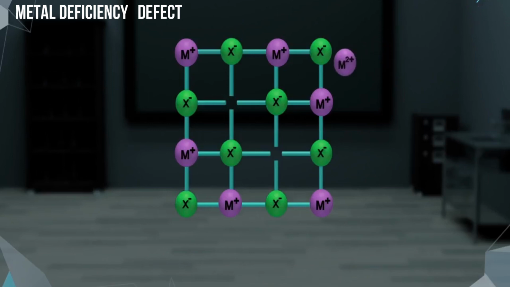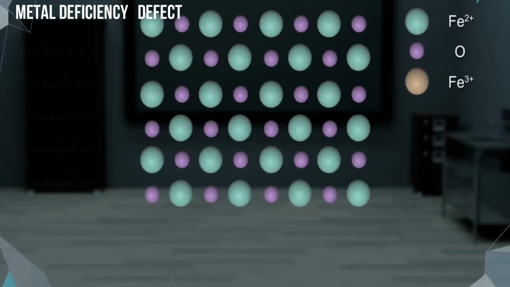A typical example of this type is FeO, which is mostly found with a composition of Fe 0.95 O. It may actually range from Fe 0.93 O to Fe 0.96 O. In crystals of FeO, some Fe2 plus cations are missing and the loss of positive charge is made up by the presence of the required number of Fe3 plus ions, so the vacancies are there and the overall charge is balanced.